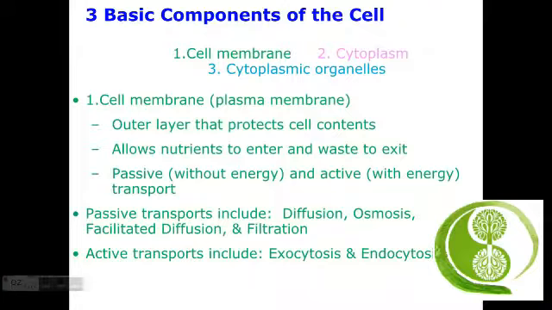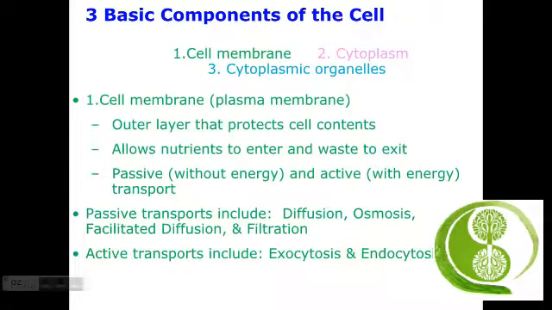This is the outer layer of the cell. It protects the cell's contents. It's semi-permeable, which allows nutrients to enter and waste to exit. And this entering and exiting of the cell is done through passive transport or active transport.